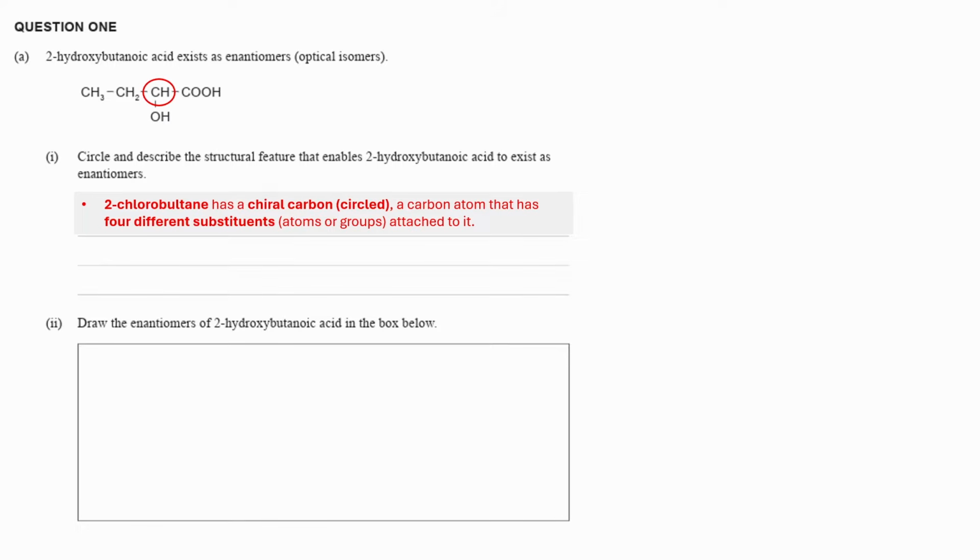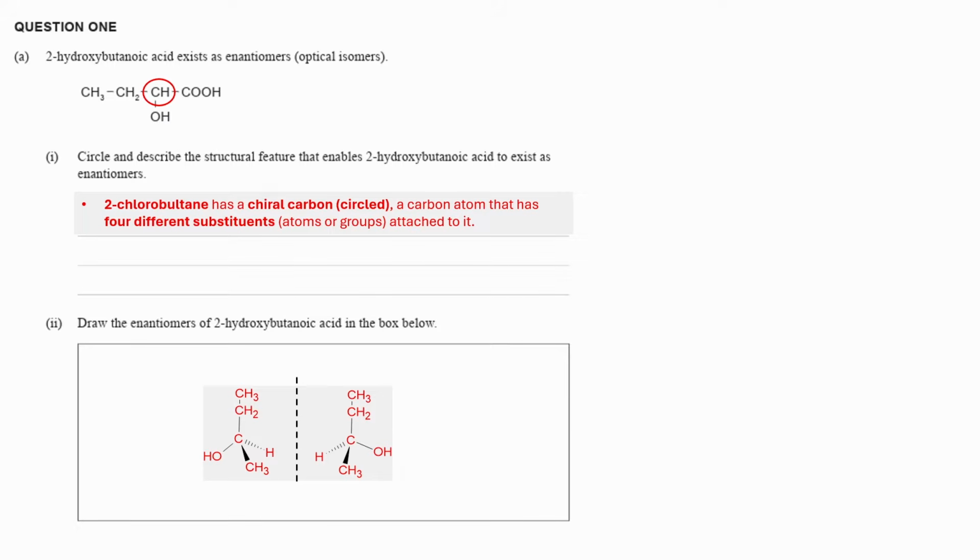Now we have to draw the enantiomers, or the 2 versions of this. The way that I find easiest to draw this is to try and draw a 3D representation. So here I've drawn a 3D representation. Even though I have bolded one of the bonds coming out towards us, and dashed the one going behind us, they can all be straight lines.